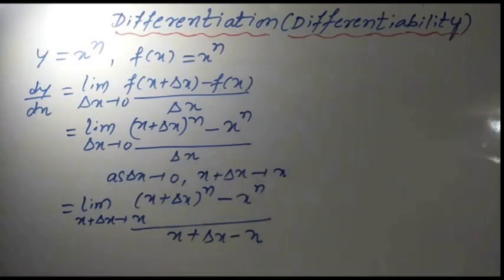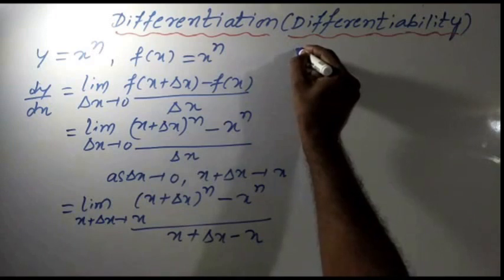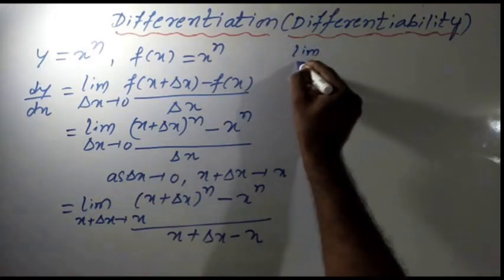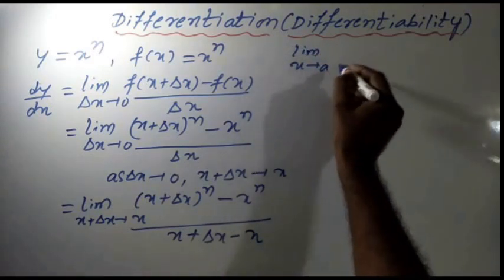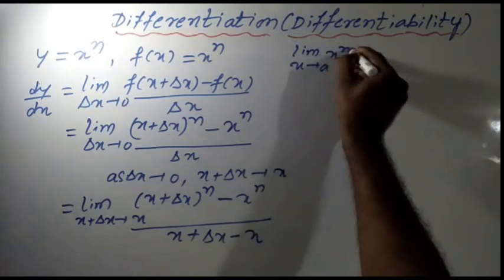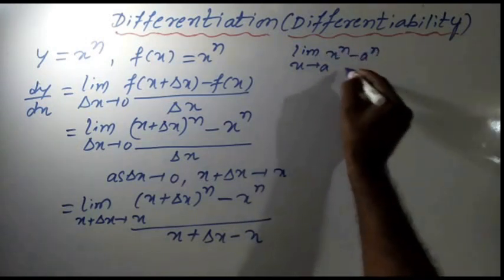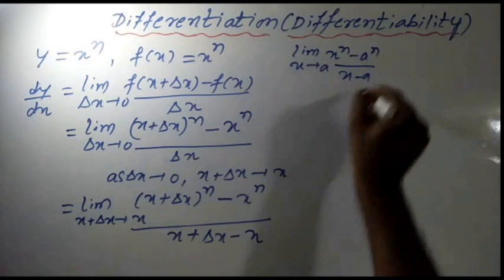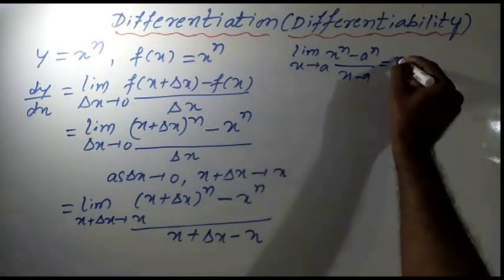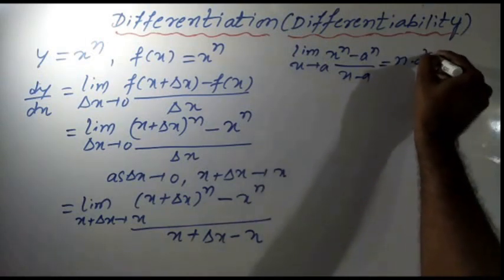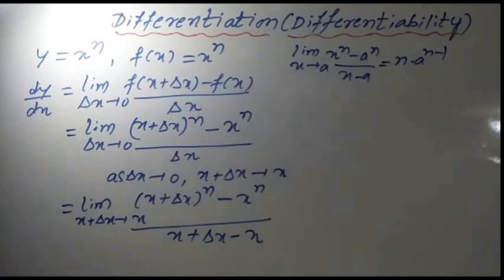Another formula. Already we know, in the concept of limit, that limit as x tends to a of x to the power n minus a to the power n divided by x minus a is equal to n into a to the power n minus 1. Look here.